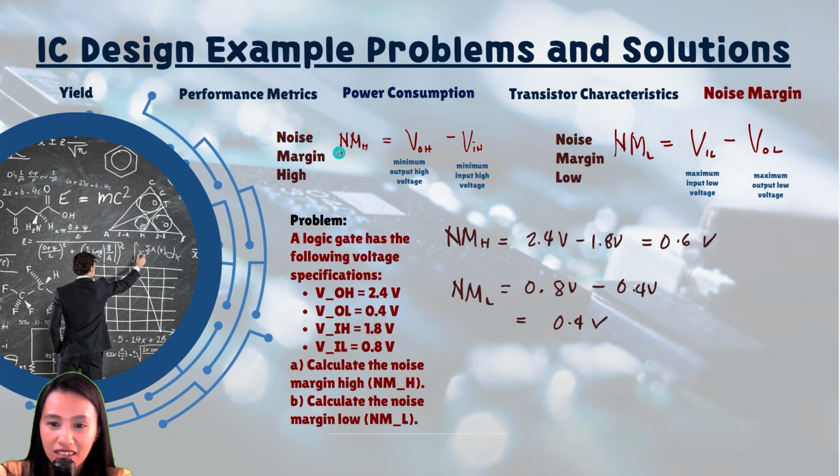HOI meaning noise margin high, minimum output high, that's HO, and then I, that's minimum input high voltage. So HOI. And we have here the noise margin for the other one, NML, or LIO. Joke lang. Again, that's how I memorize. So we have here the input low voltage of 0.8 minus 0.4, the output low voltage, we have 0.4 volts.